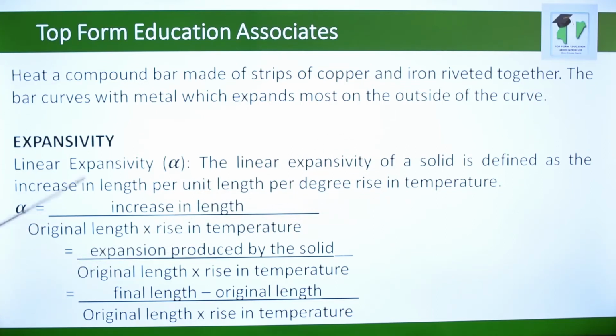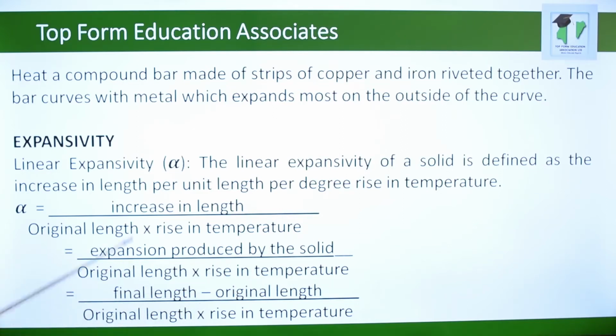Now, from this, we'll have this mathematically represented. We use this symbol alpha to be the increase in length over original length times rise in what? Temperature. And increase in length here means expansion produced by the what? Solid. But the original length of that solid times rise in what? Temperature.